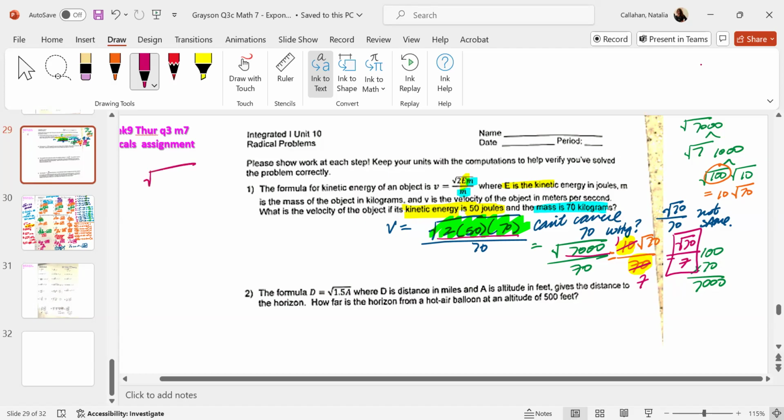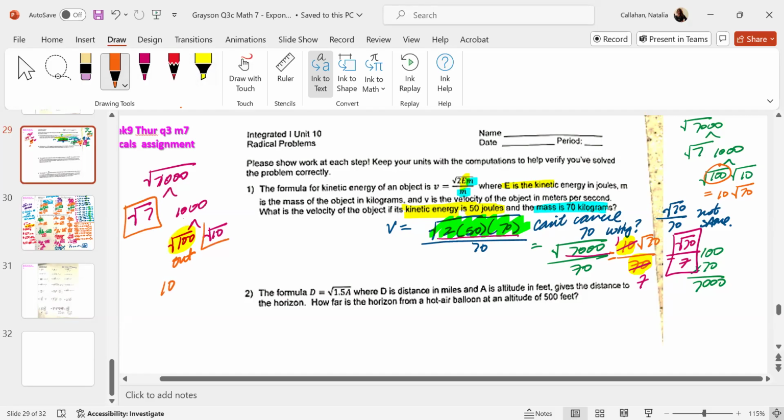Look at it after. 7,000, right? You know it's 7 times 1,000, correct? This is still a square root, correct? Here, you know it's 100 times 10 because 100 is a perfect square, correct? This you can take out. Square root of 100 is 10, correct?